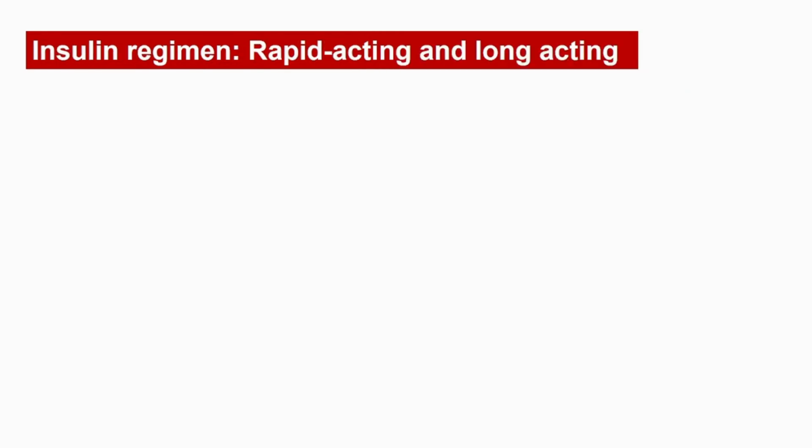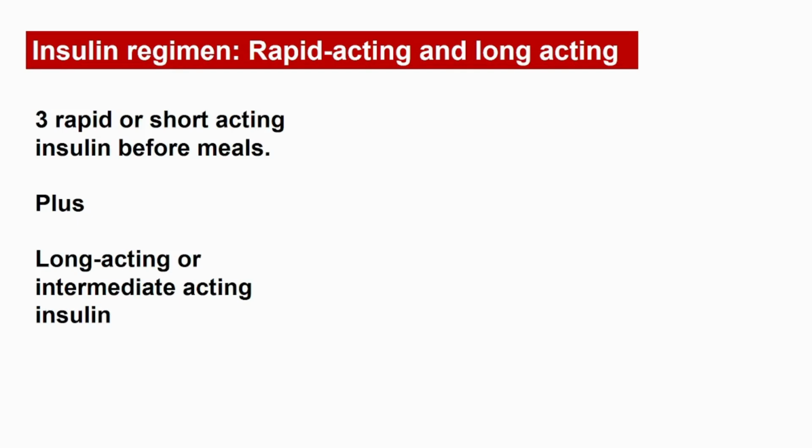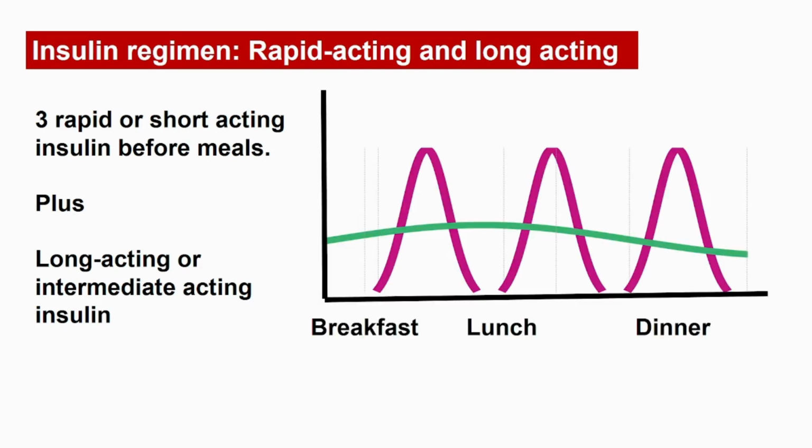Next, other types of insulin regimens are combinations of two insulins, the most popular one being rapid acting insulin and long acting insulin. Generally, rapid or short acting insulin is given three times before meals in the daytime, and then one long acting or intermediate acting insulin is given.